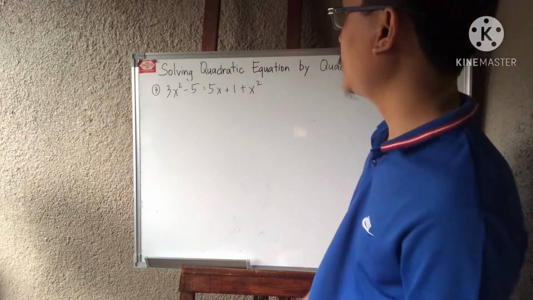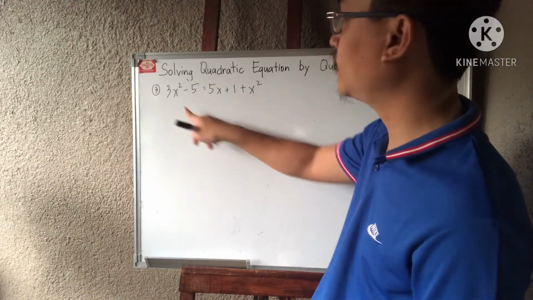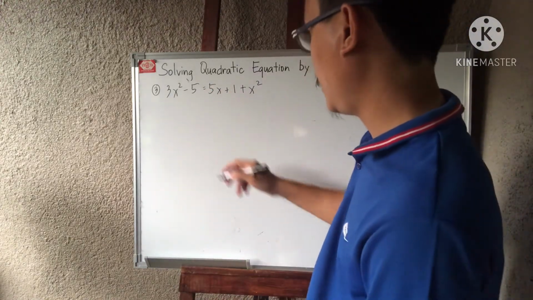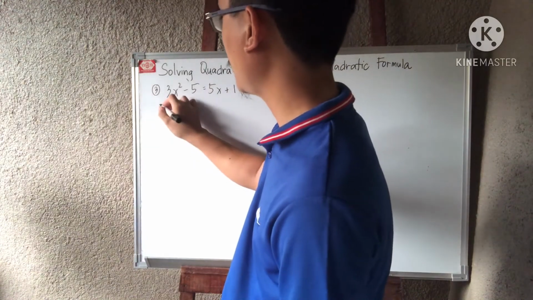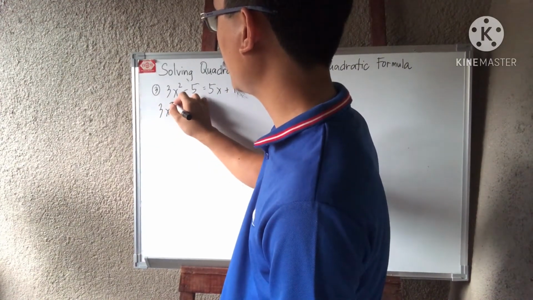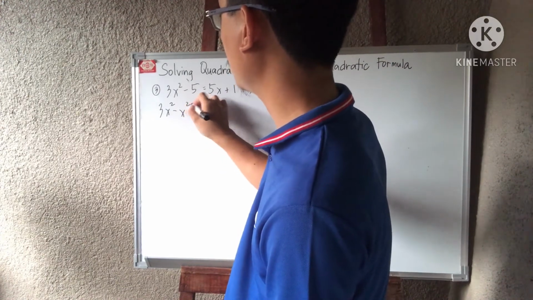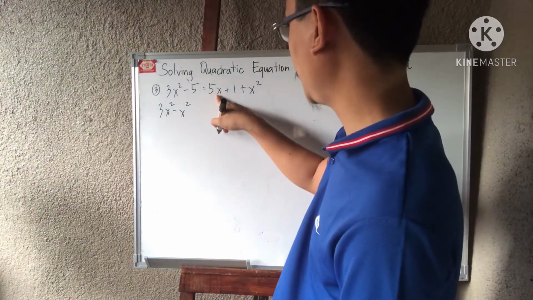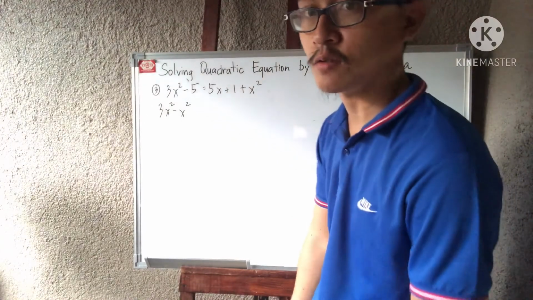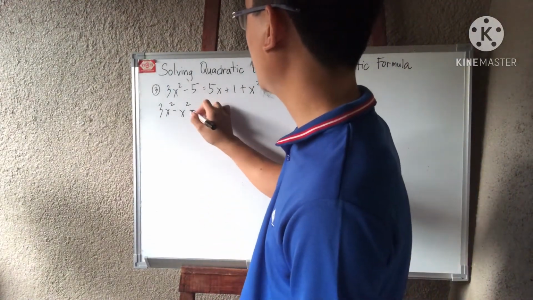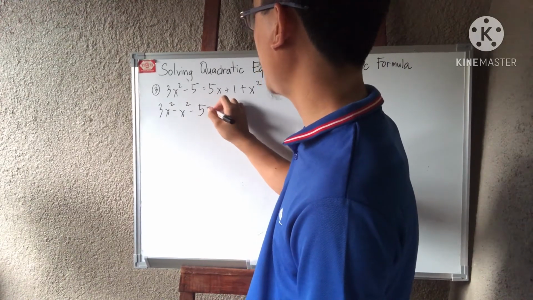So, you will notice that may x squared dito, may 3x squared doon. So, ililipat lang natin yung x squared doon sa left side. So, you have 3x squared positive, so magiging minus x squared. Lipat na rin natin ito. Actually, lilipat naman natin lahat. So, magpapalit sila ng sign. So, this is minus 5x.